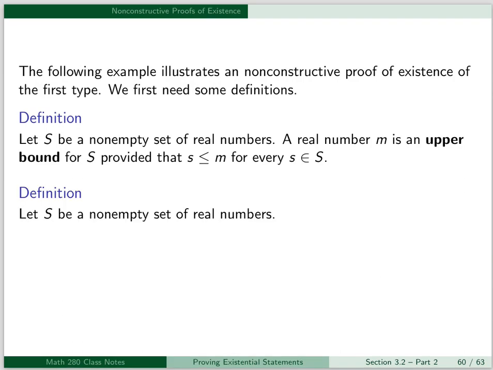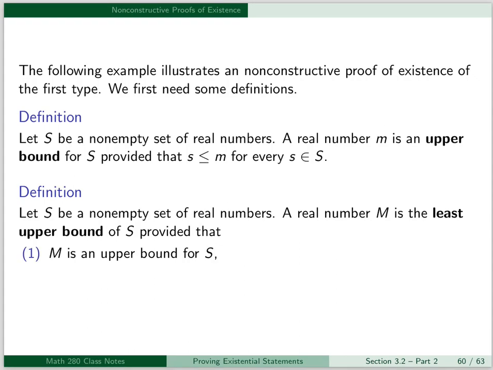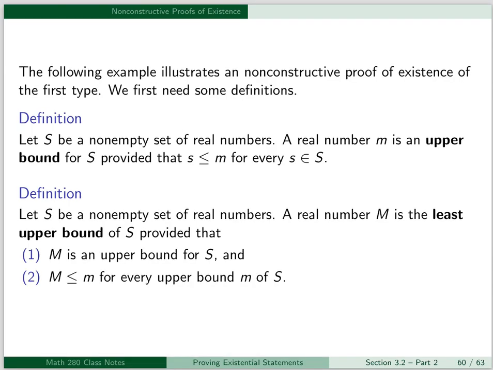For our second definition, again, let S be a non-empty set of real numbers. A real number capital M is the least upper bound of S, provided that 1, capital M is an upper bound for S, and 2, M is less than or equal to little m for every upper bound little m of S. So capital M as a least upper bound means that it's first off an upper bound, and secondly, it's the smallest of all the upper bounds.